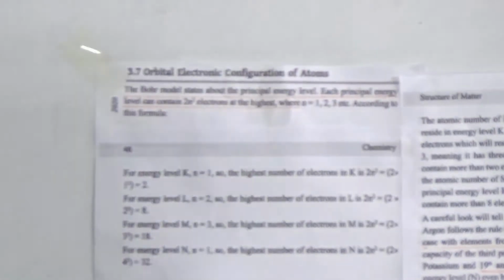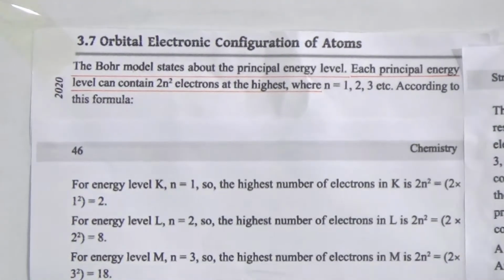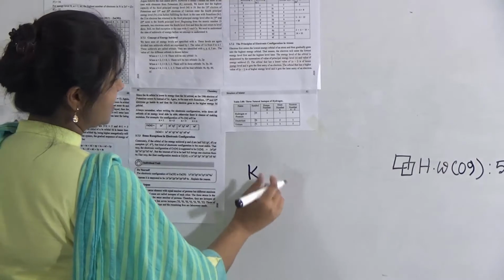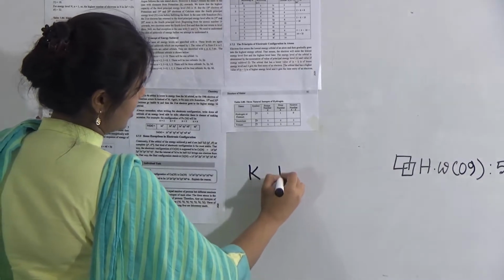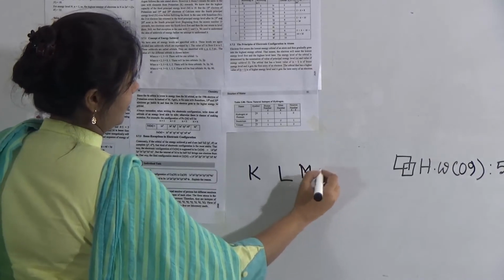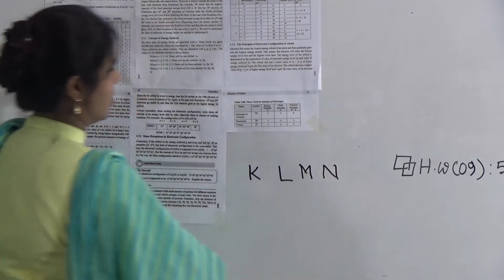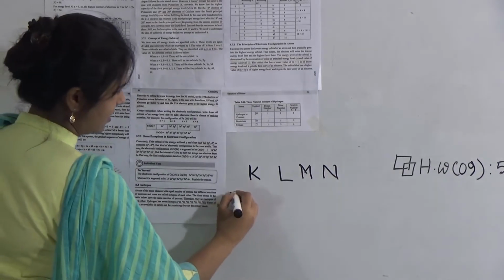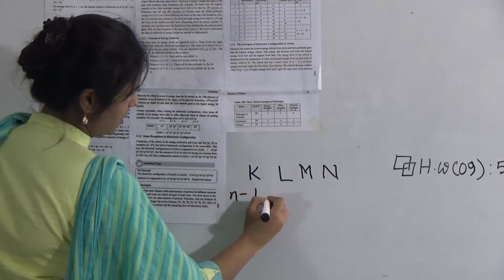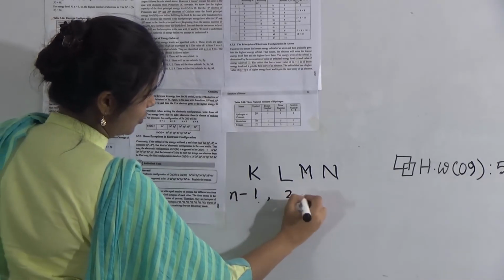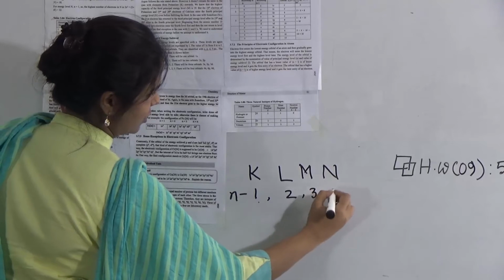According to Bohr's atomic model, we have learned that there are principal energy levels that are known as K, L, M, N, and there is a quantum number: 1 for K, 2 for L, 3, 4.